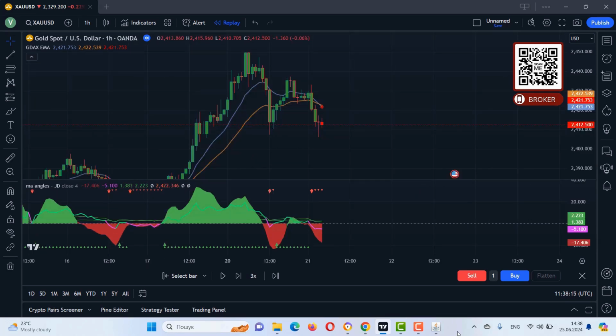Now let's examine another example. I waited for a new signal. 2 lines intersect here. A red candle has formed. And here our second indicator is displayed in red. In this situation, we need to initiate a sell order.